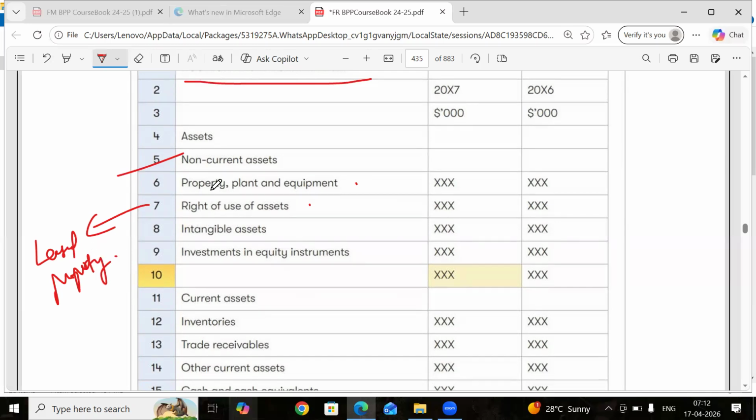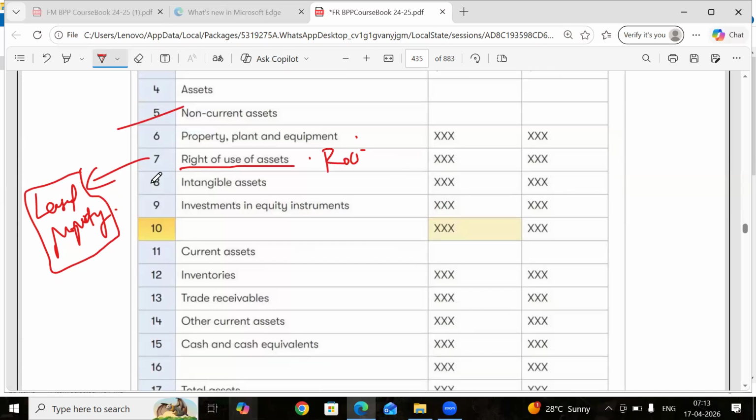Why is leased property called a right of use asset? Because leased properties are not the owned properties of the lessee. Those are owned by the lessor. The lessor is a party which gives or finances the property to the lessee to use, who pays the lease rental of the property and uses it. So they don't own this, but they have the right of usage of that asset. That's the reason it is ROU, right of use asset.